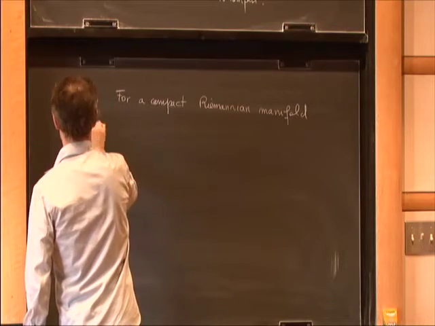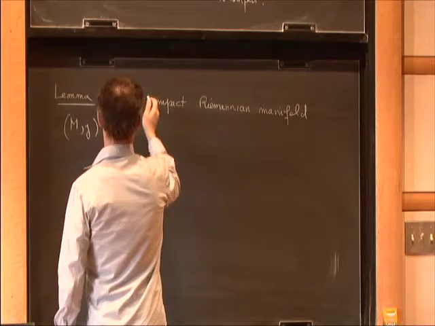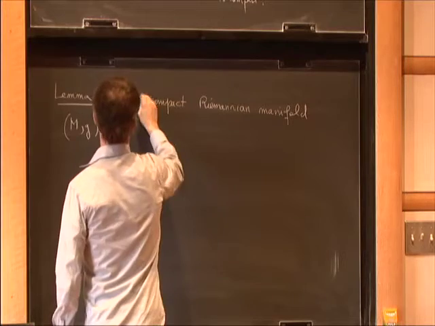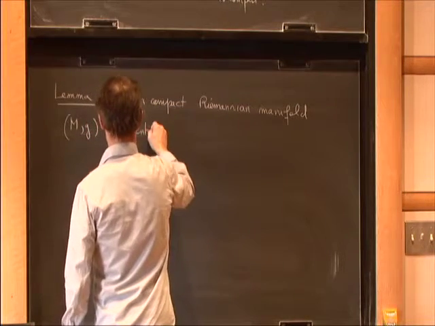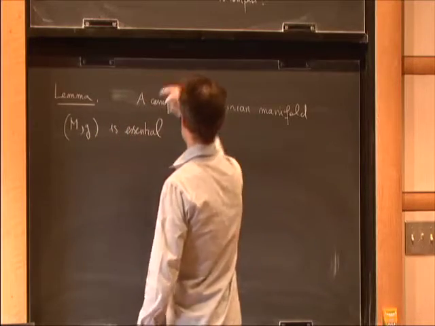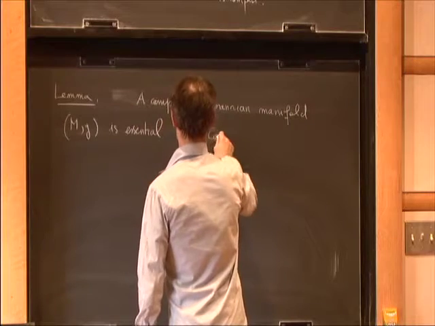A compact Riemannian manifold (M,g) is essential, meaning its conformal group does not preserve any metric in the conformal class, if and only if its conformal group is non-compact.